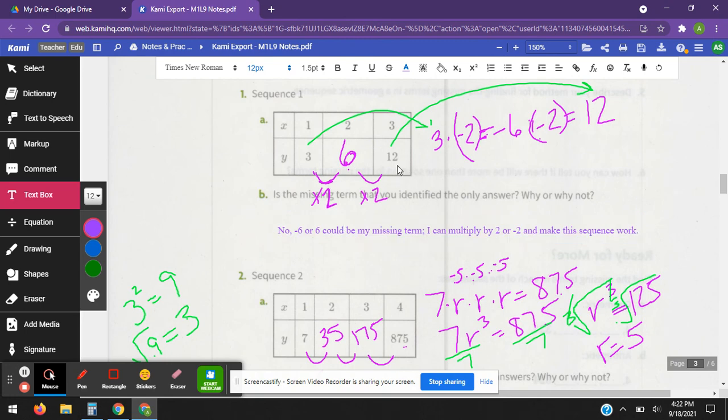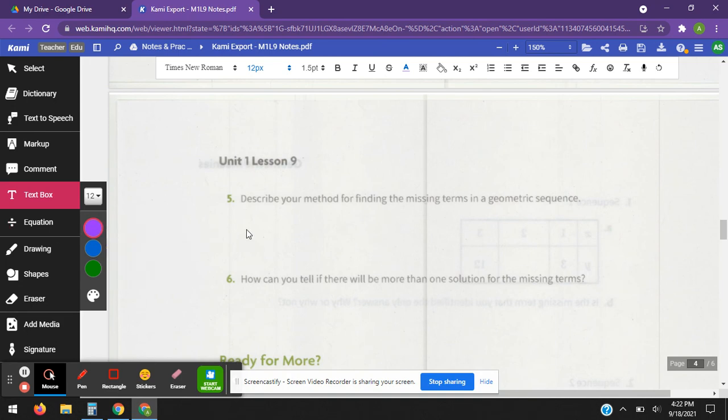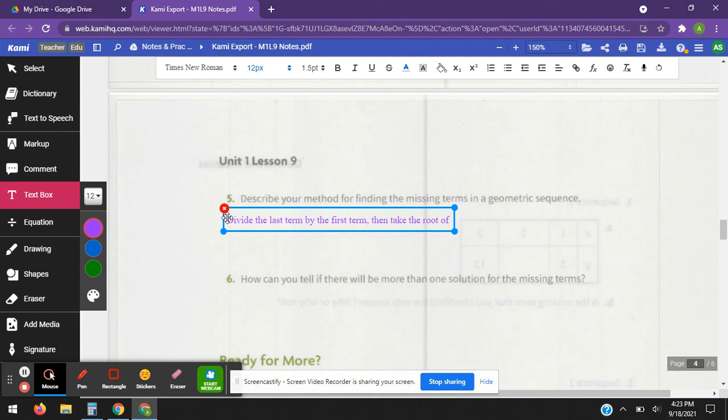Same thing here. If we do 12 divided by 3, that's 4. The square root of 4 is 2. So that's pretty much our method, isn't it? Divide the last term by the first term, then take the root of how many jumps were between the two numbers.